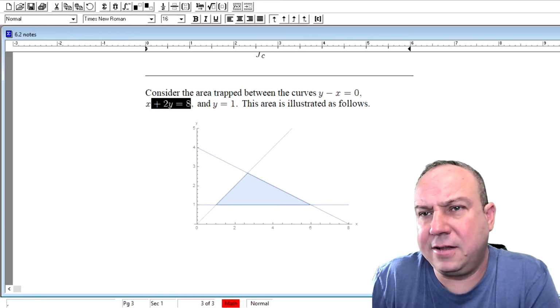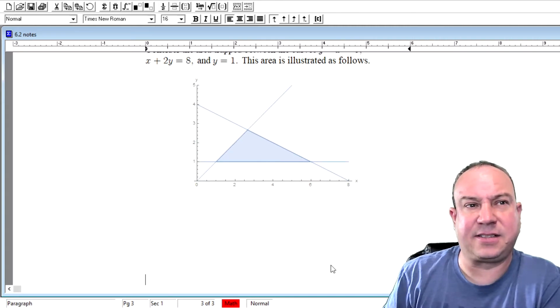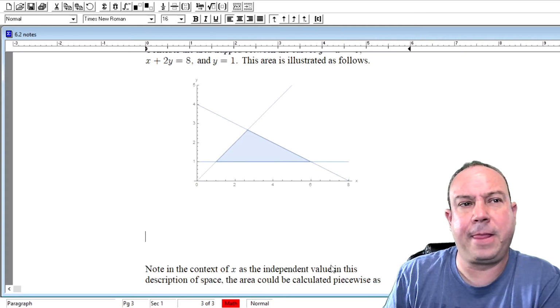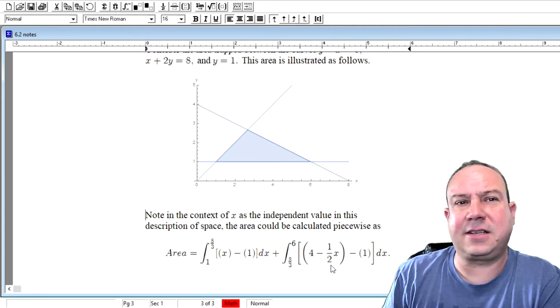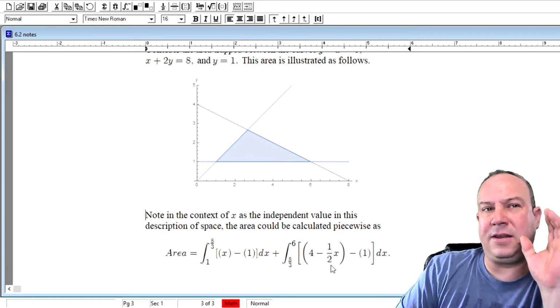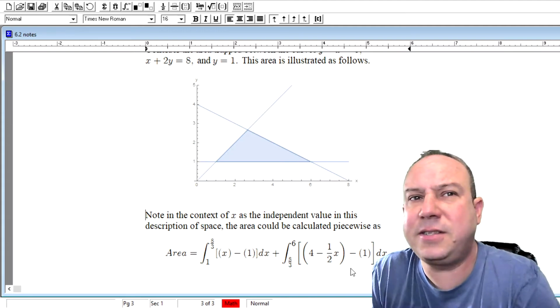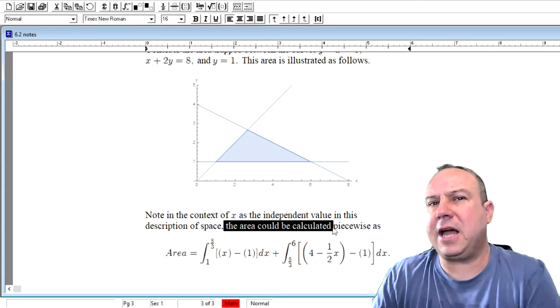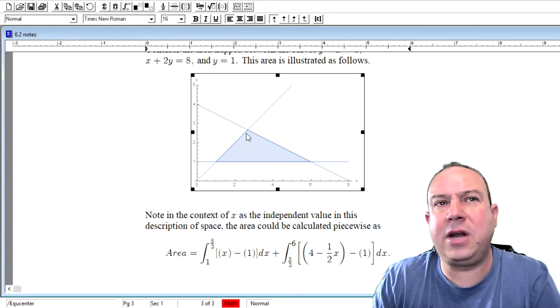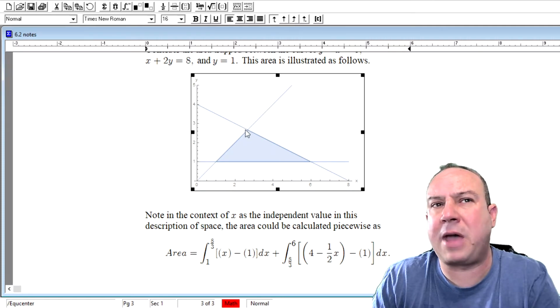Let's look at that. I do think I give that summary here in the notes. Note, in the context of x as the independent value in this description of space, the area could be calculated piecewise as follows. Now, I went ahead and did the algebra here. You would have to do some algebra to figure out this location.